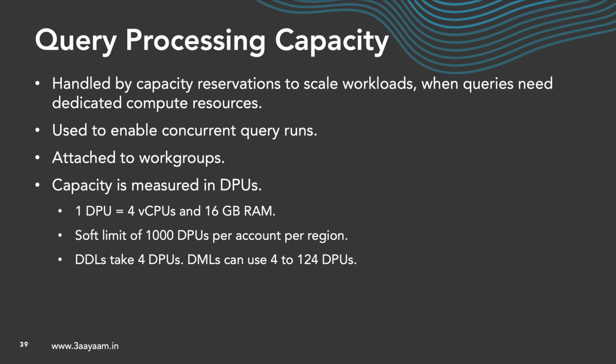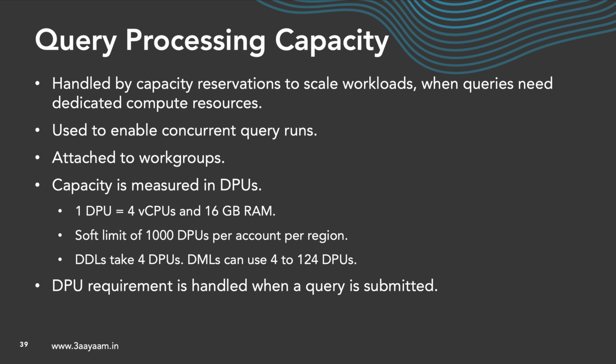So if the query is complex, if the data size is large, then that particular query can use more DPUs. And the DPU requirement for a particular query is handled when a query is submitted to Athena, meaning it's not that even before we submit the query, there are a certain amount of DPUs that will be attached to that particular query. That's not how it works.